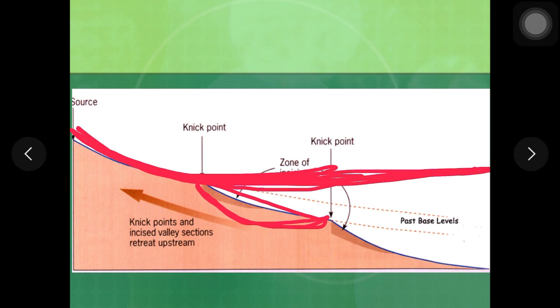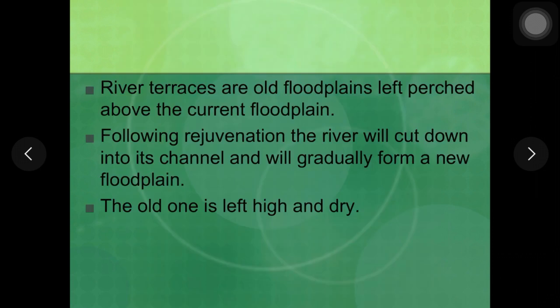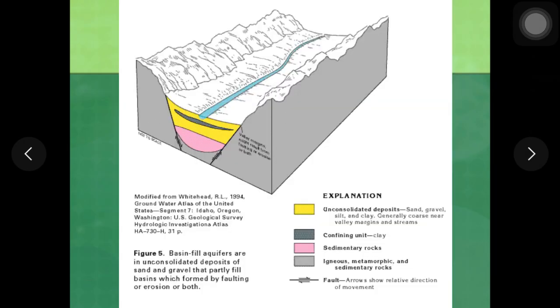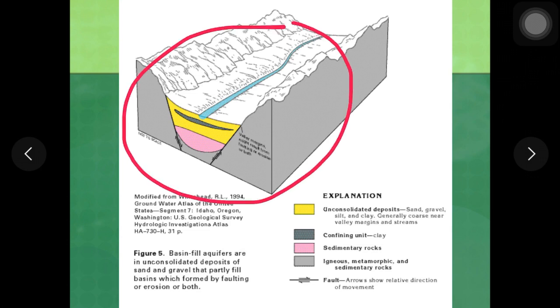So due to this change in the base level, the entrenched meanders, the valleys, get filled with sediments, and these valleys become confined valley fill deposits.